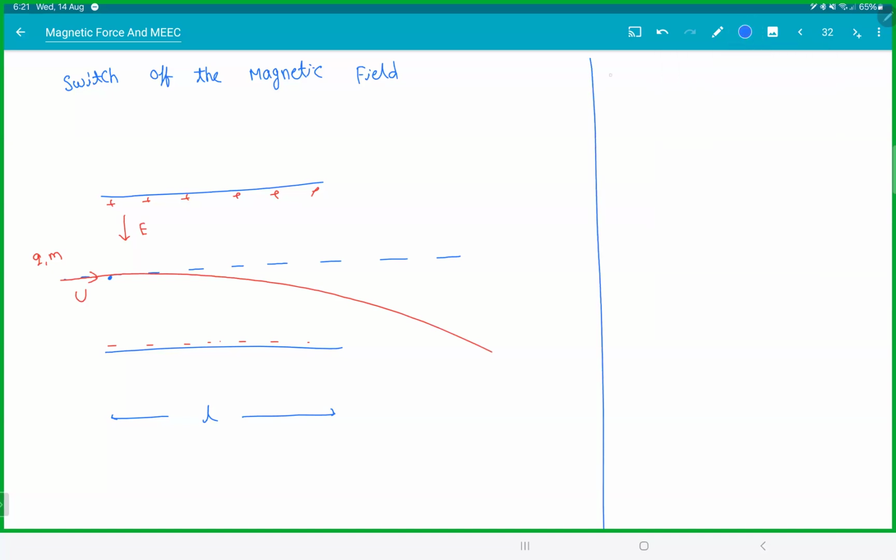And here we keep a screen, mostly a fluorescent screen. So when the particle touches there, you can see that whole spot starts shining.